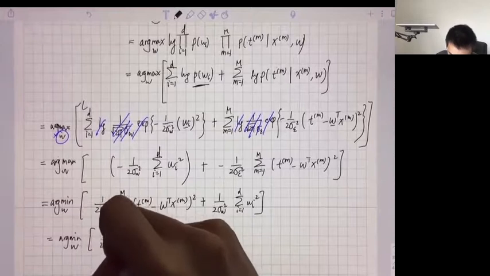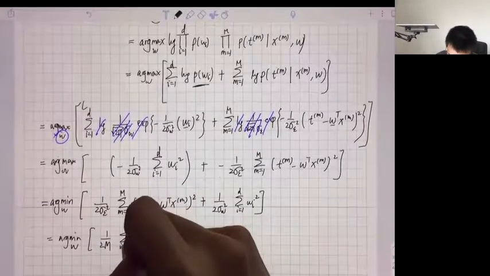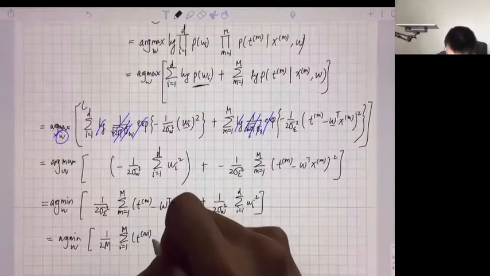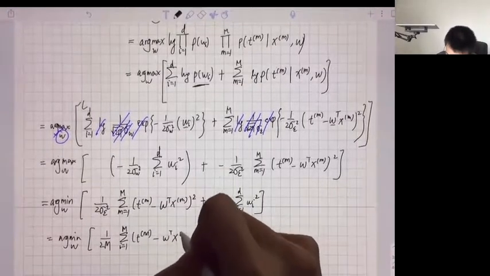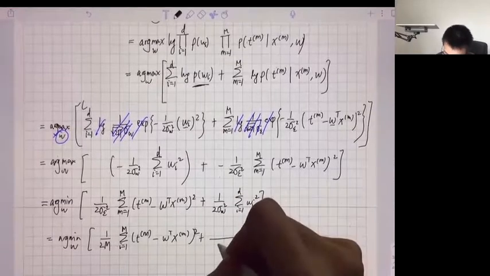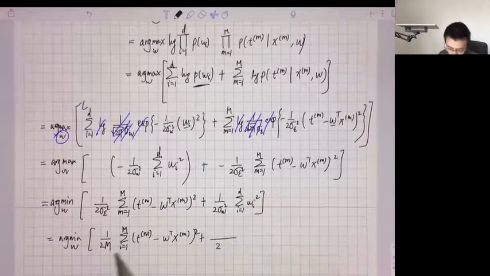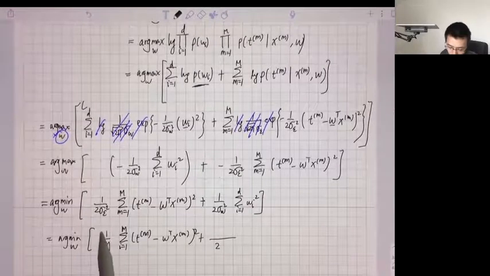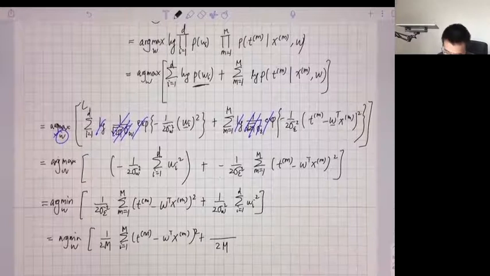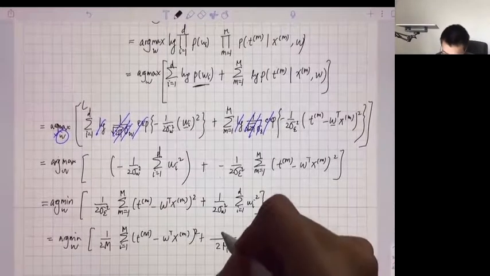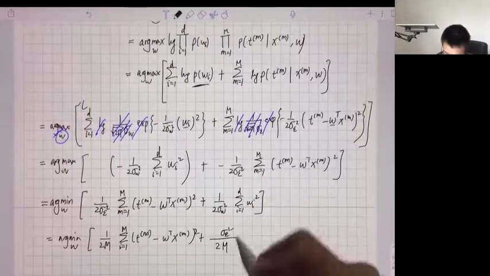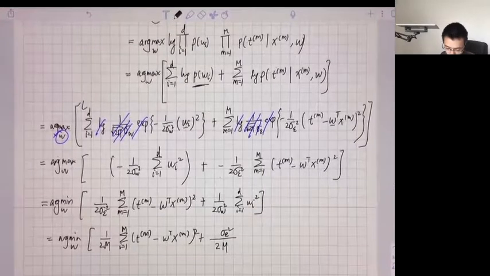I say this is M. So you see, I divide the entire term by M, and I multiply it by sigma epsilon square.